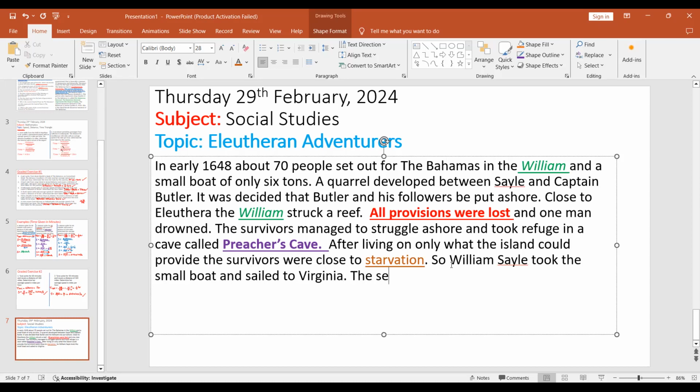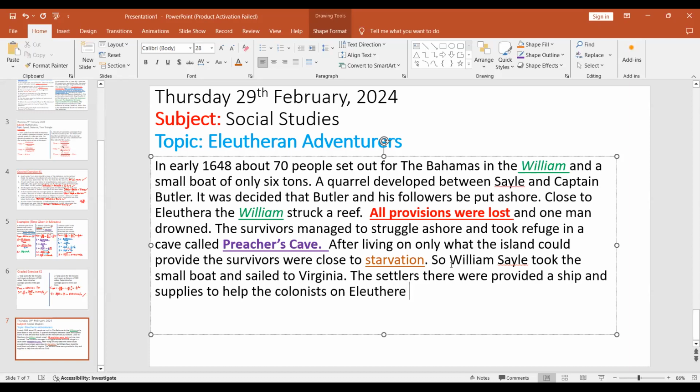The settlers there provided a ship and supplies to help the colonists on Eleuthera.